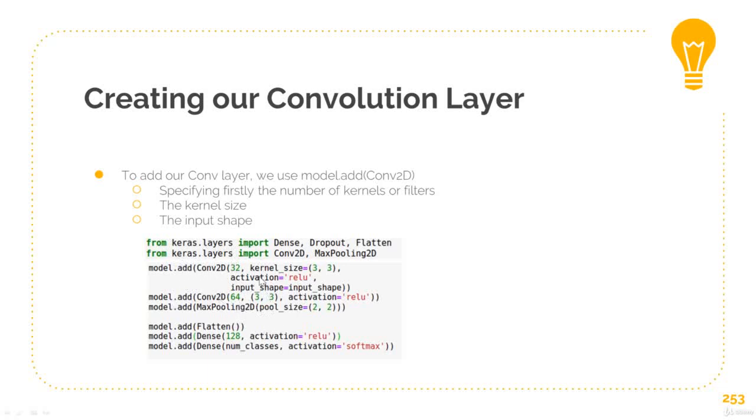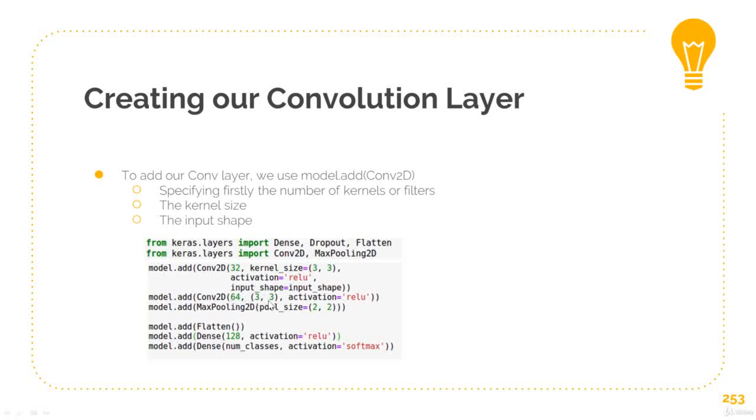Now to add another layer, it's as simple as model.add. Keras is so easy to use. You just keep using model.add, and it stacks these layers on top of each other, starting with the first to the bottom layers. So now we add another convolutional layer, 64 filters this time, same kernel size, and note we don't need to specify kernel size every time we do it.